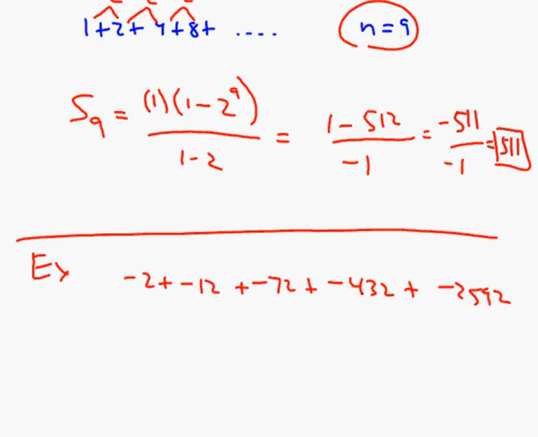How do you know? Well, you should look and see if you can multiply by the same number every time to get the next term. So if we multiply negative 2 by 6, we get negative 12. Well, let's hope that happens again. And sure enough, it does. This also would be 6, and so would that, and so would that. So this is a geometric series.